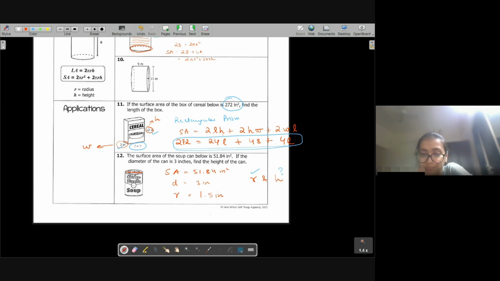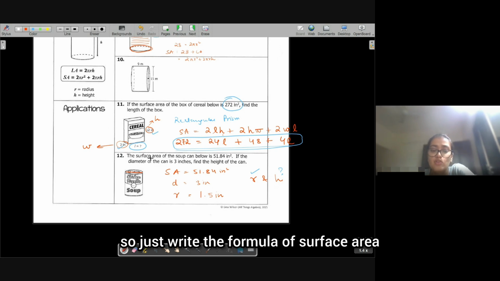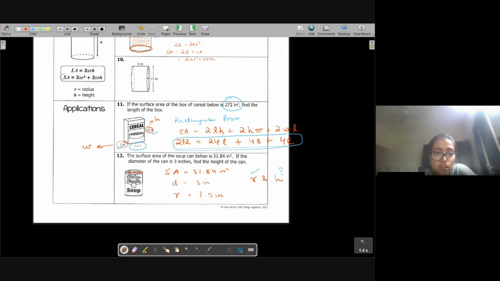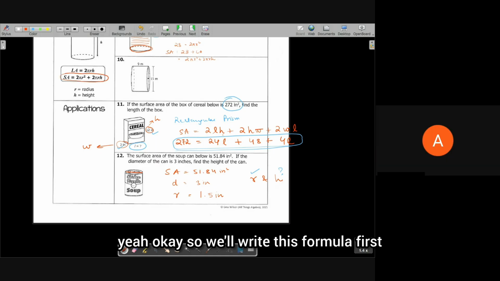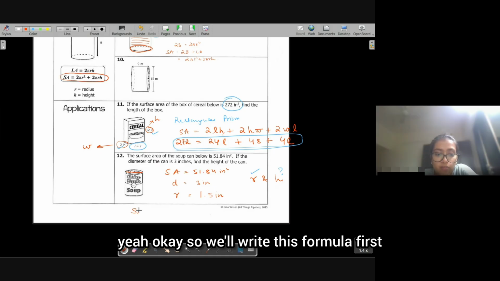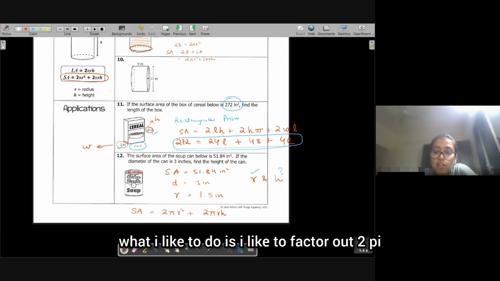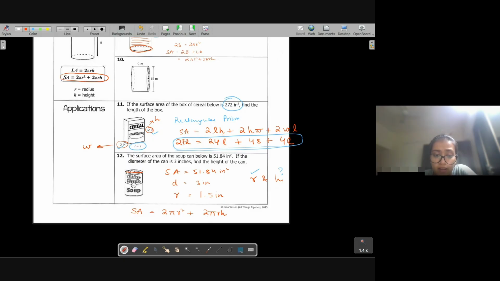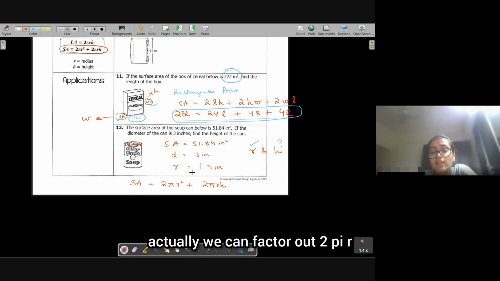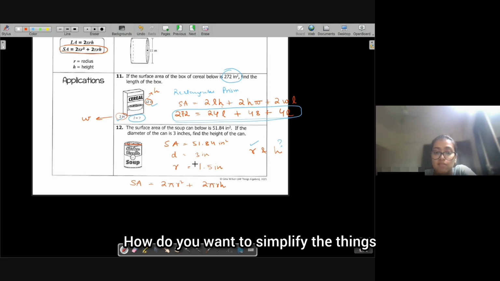Okay. And we know that surface area is this much. So just write the formula of surface area. First, surface area is equal to 2 pi r square plus 2 pi r h. What I like to do is factor out 2 pi. Actually, we can factor out 2 pi r, but that's up to you. How do you want to simplify things?